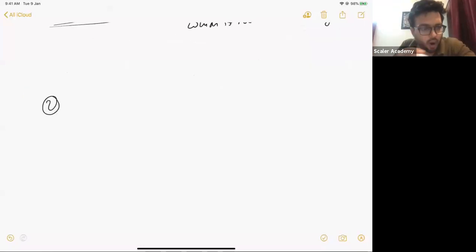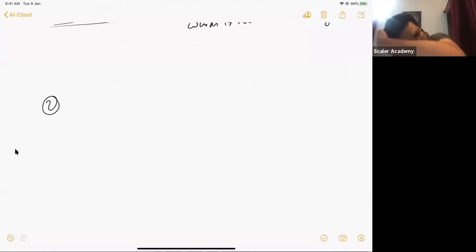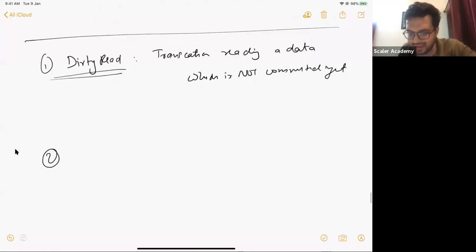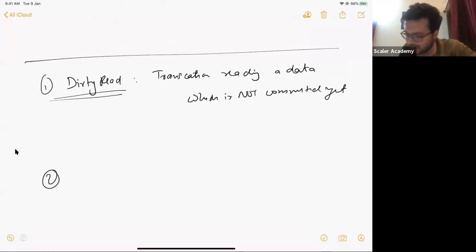Abort is also necessary. I did not get what you are saying, Lokesh. Do you want me to unmute you? The dirty read problem simply says you are reading something which is not committed yet.